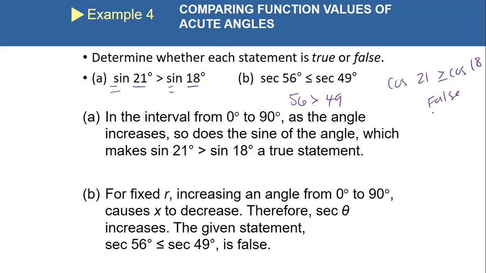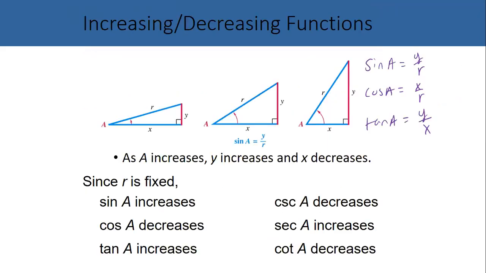The reason this is a false statement is because as your angle increases, going from 18 to 21, my X value got smaller. Is that because of the thing you showed us?